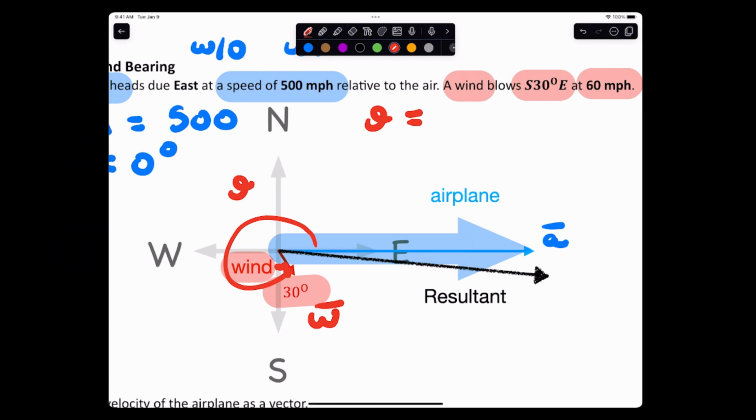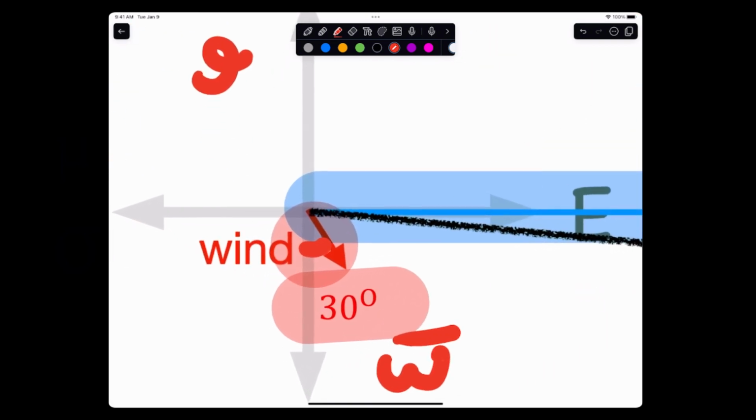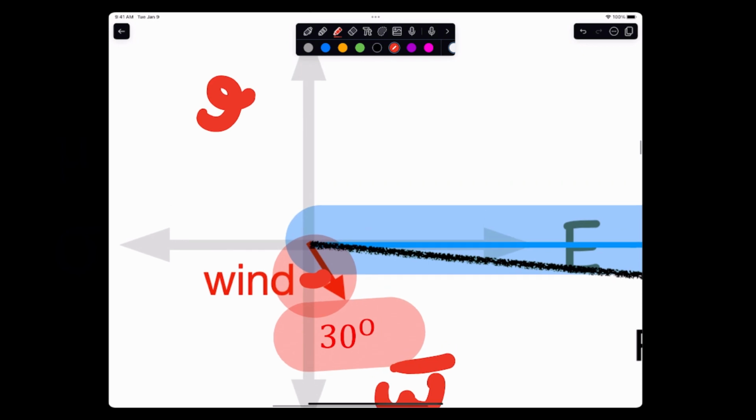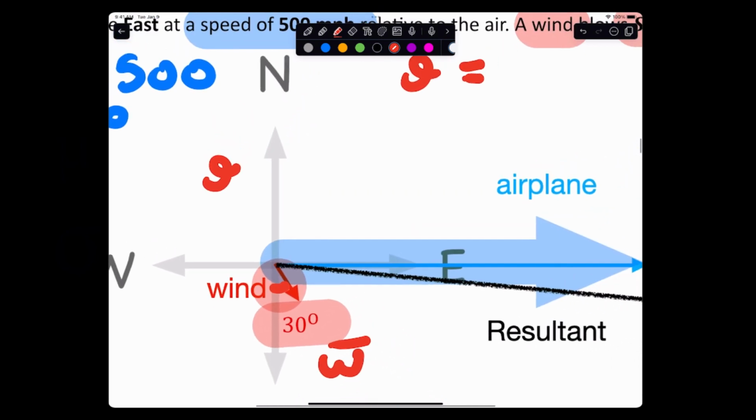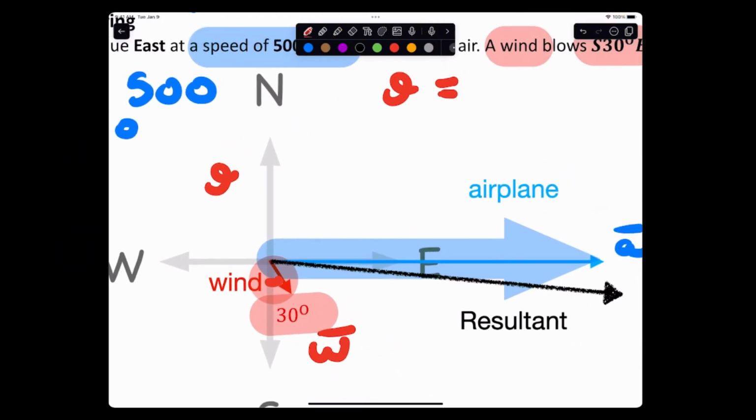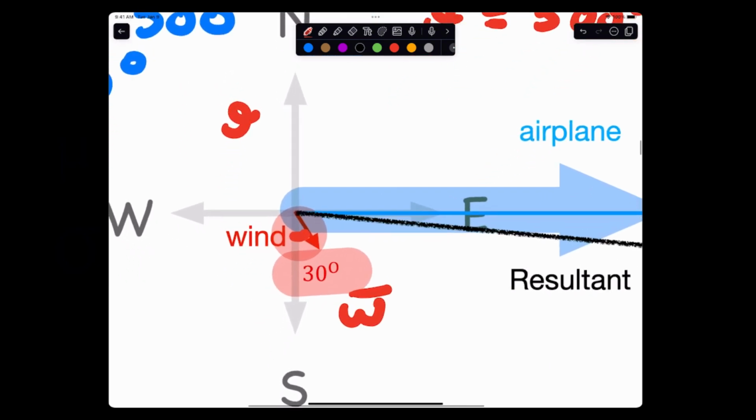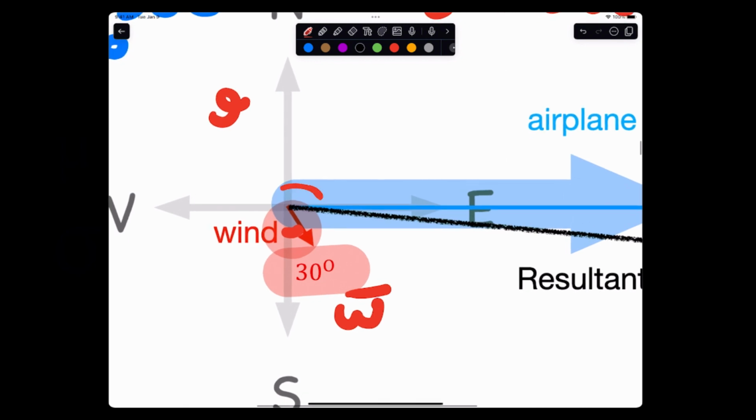If that angle right in here is 30 degrees, what's your standard angle? 300? How do you know it's 300 degrees? That standard angle that we drew right here is 300, right? How do we know that?